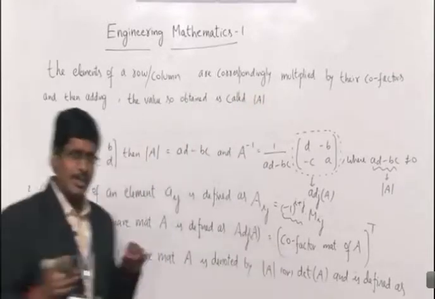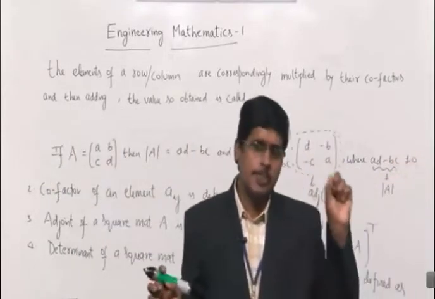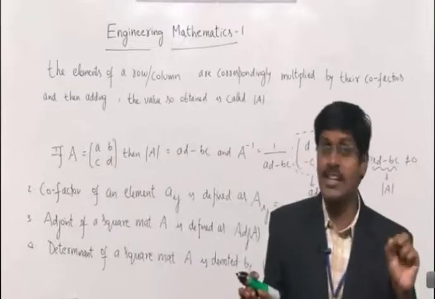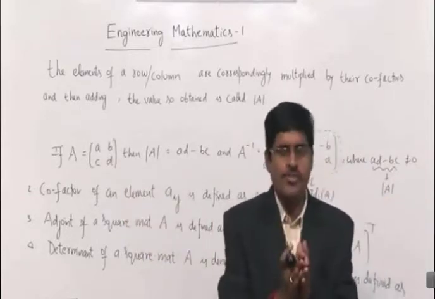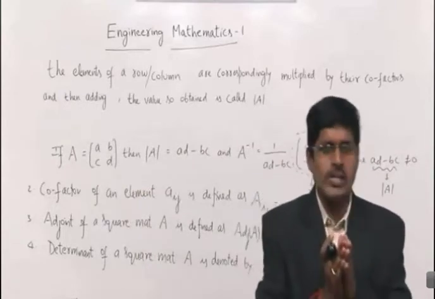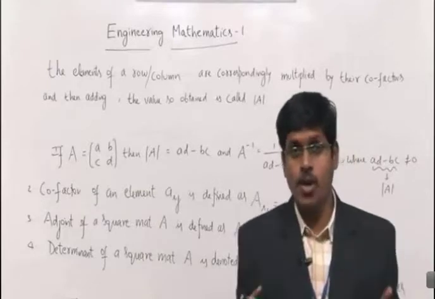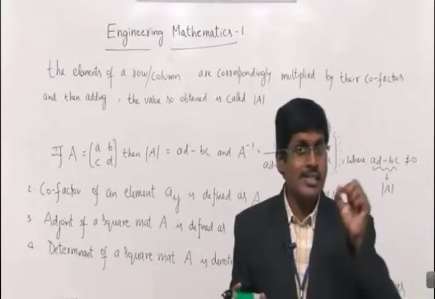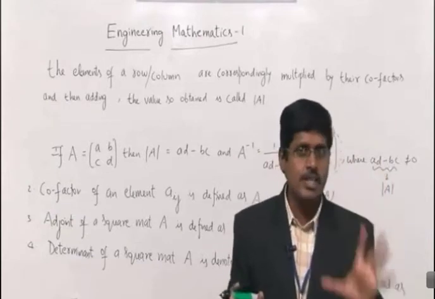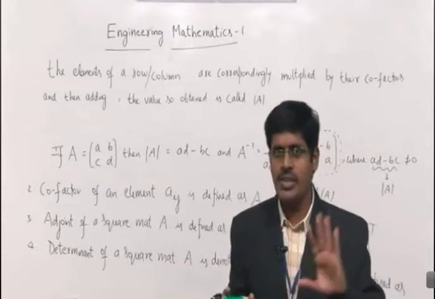That means select any row or any column. Each element is correspondingly multiplied by its cofactor, and add these after multiplying by the cofactors. Then the value so obtained is called the determinant. Remember, it can be expanded by any row or any column, but before expanding, before finding the determinant, select a row or column already containing zeros, because 0 into any number, whether multiplying by any cofactor, is 0.